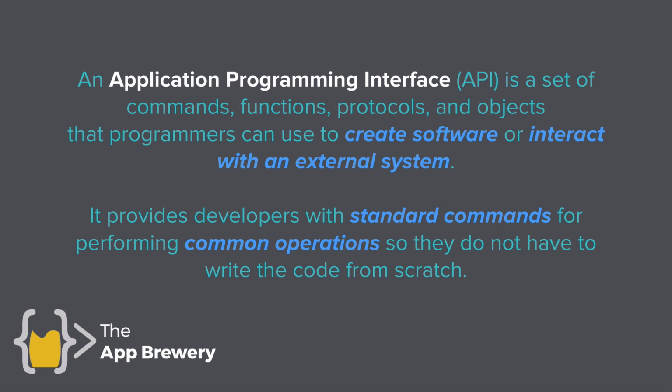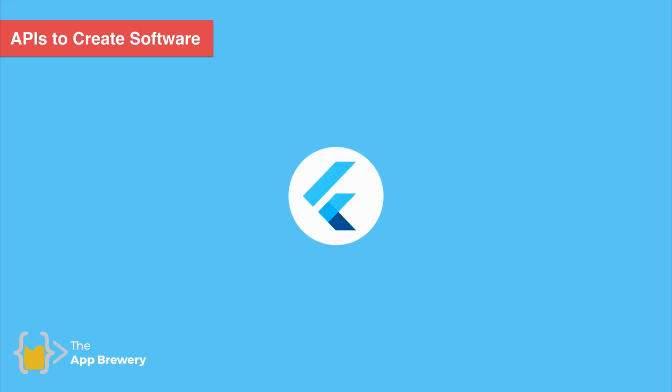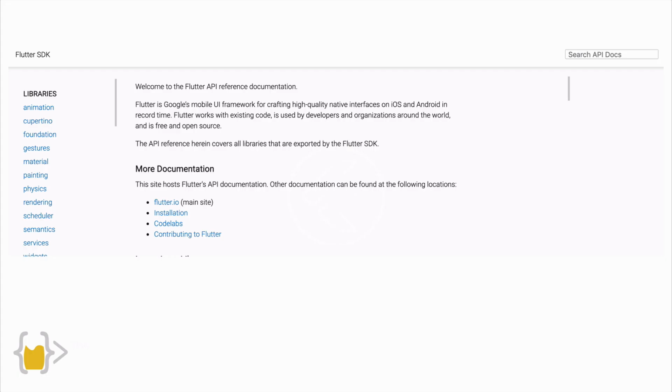Now, this is quite a broad definition, and as you think back to all the things that you've done, even in this course, you can imagine that lots of it actually fit this definition. So, one type of API are APIs that are used to create software, for example, Flutter. If we take a look at the Flutter documentation, you can see that it tells you this is the Flutter API reference documentation.